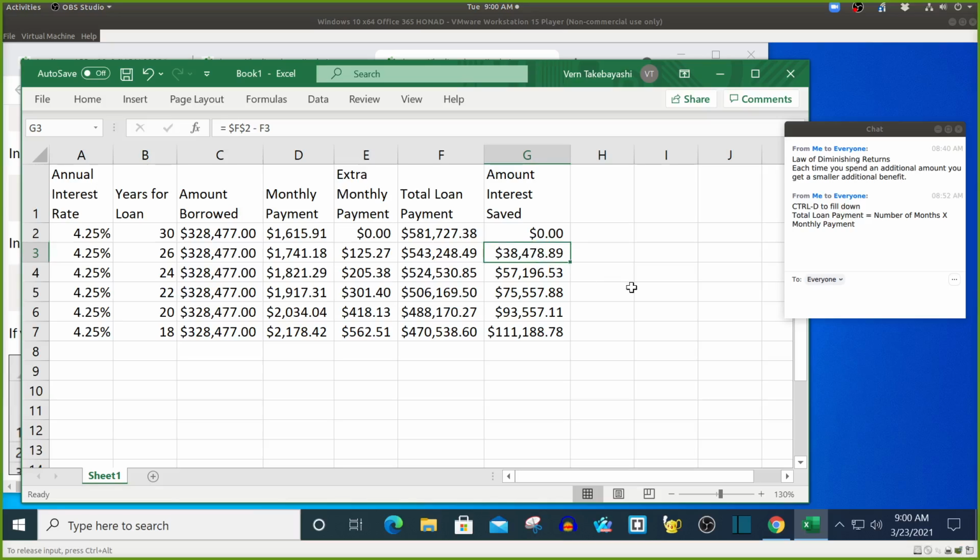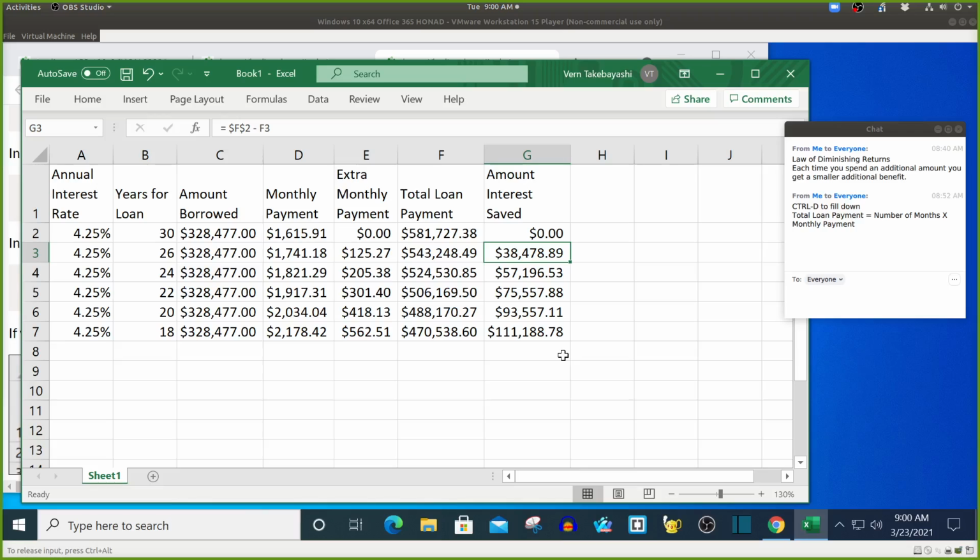This extra column helps us look at the numbers a little better, and we're seeing that if we pay more per month by shortening the loan, then of course the amount of interest saved in today's dollars gets bigger and bigger. Okay, so that's what we're looking at.